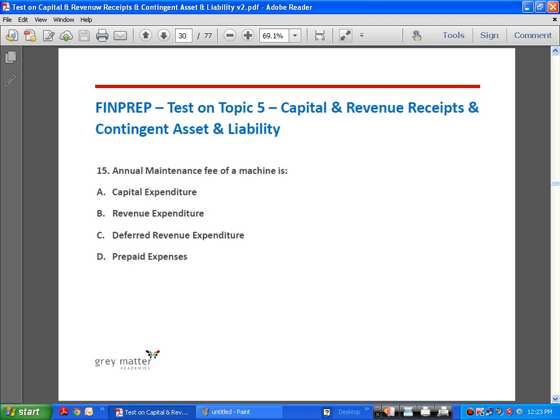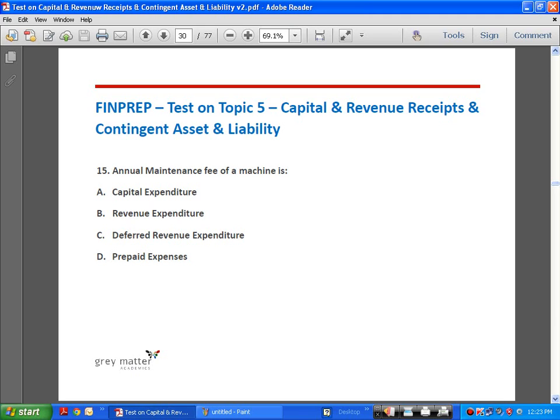Next, annual maintenance fee of a machine. Okay, so whenever we buy any asset, an annual maintenance contract comes along with the asset, which we can accept, or we need not get into an annual maintenance contract.